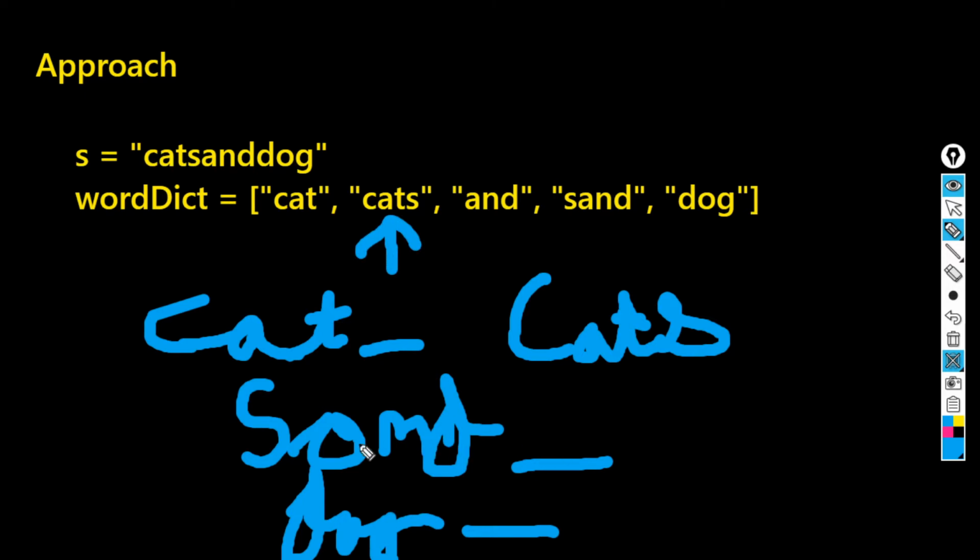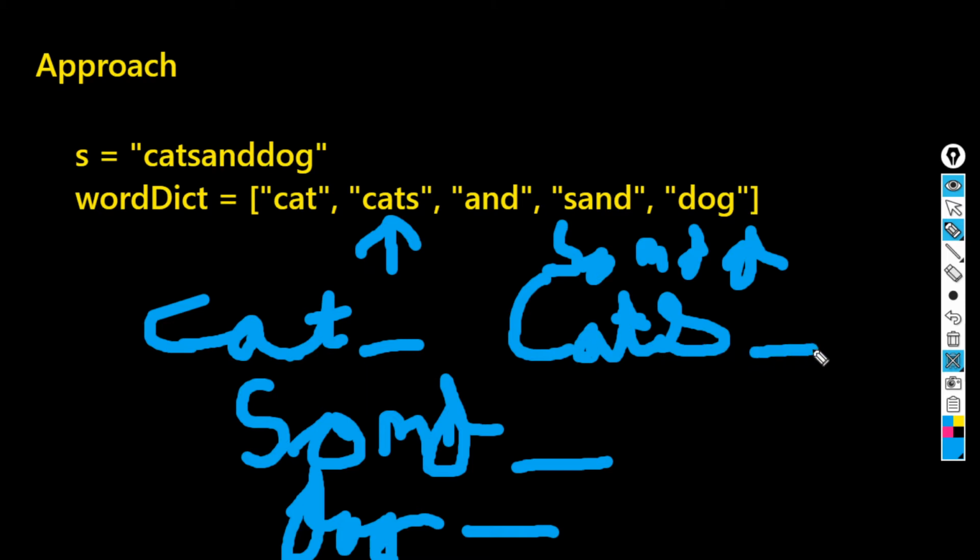Now suppose here we have S A N D and one more character, suppose S A N D D. So there can be two possible combinations, and we have to find all the combinations, and whenever we find a word we will not stop there. We will stop whenever we complete this string.